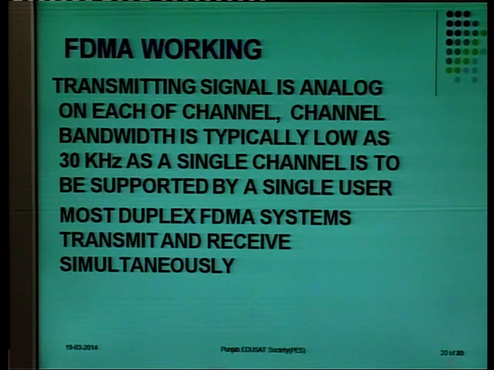Most duplex FDMA systems transmit and receive simultaneously. This is the advantage, that they can transmit and receive because they are duplex systems. But the quality of transmission is not very good due to low bandwidth.